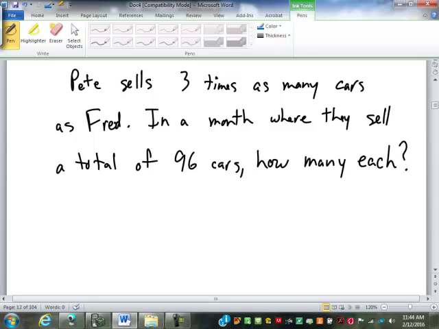Now, in a problem like this, a lot of times the important part is labeling it out. The formula we're going to be looking at is Pete's sales plus Fred's sales has to add up to the total sales.